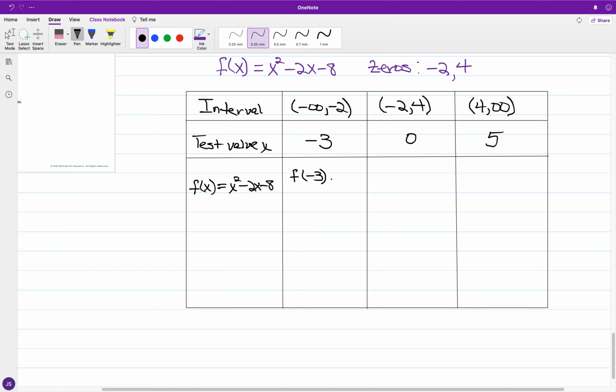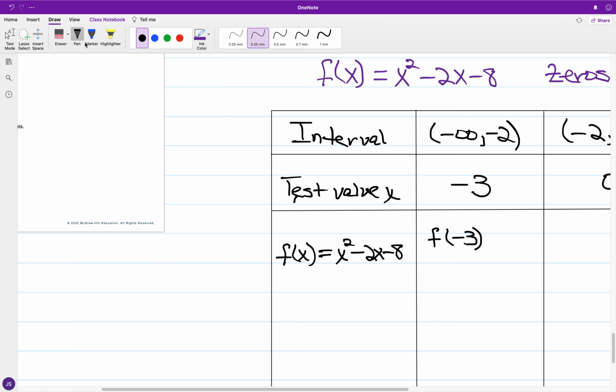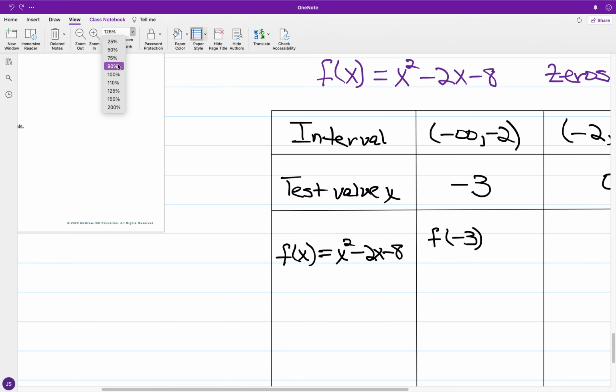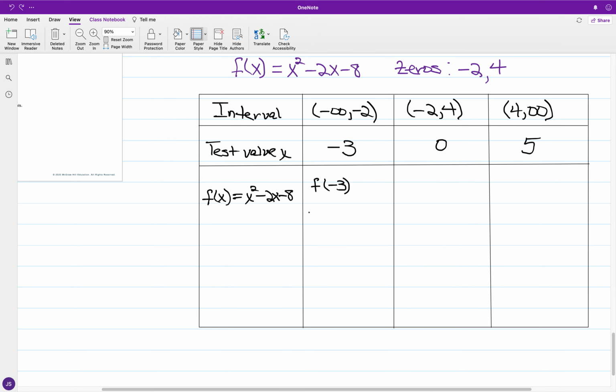So for f of -3, first term, I have the square of -3. I have -2 times -3, minus 8. -3 squared is a positive 9. -2 times -3 is a positive 6.